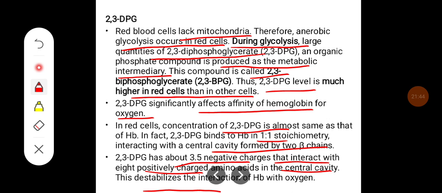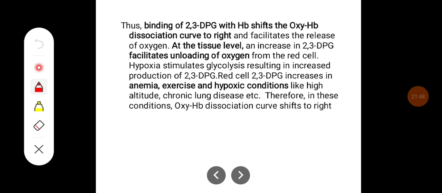This stabilizes the interaction of hemoglobin with oxygen. Thus, binding of 2,3-DPG with hemoglobin shifts the oxygen hemoglobin dissociation curve to the right side and facilitates the release of oxygen. At tissue level, an increase in 2,3-DPG facilitates unloading of oxygen from red cell.